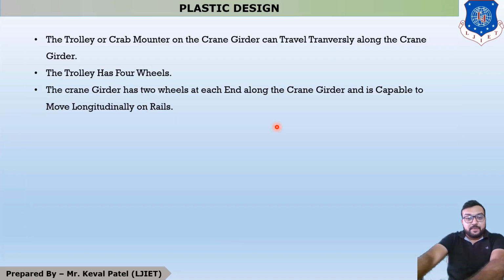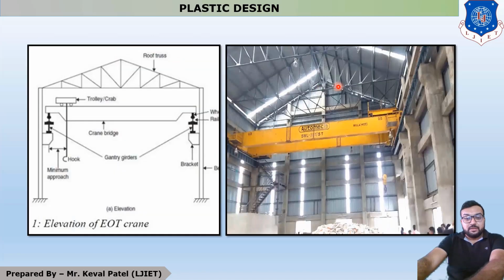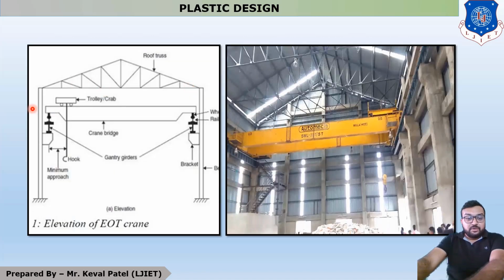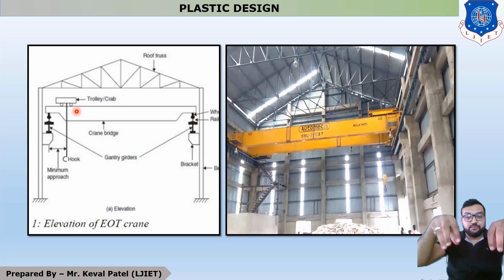Now, as discussed earlier, this is your trolley or crab on the crane girder, which can travel transversely along the crane girder. Now you can see that this is your trolley, and your trolley has four wheels, two wheels ahead and two wheels behind: one, two, three, four.